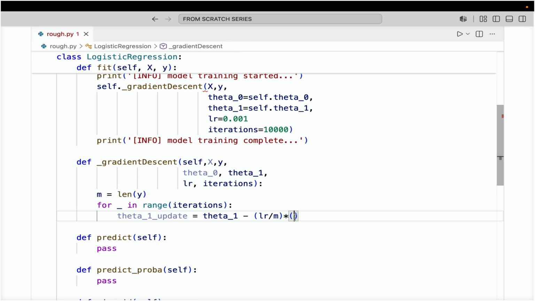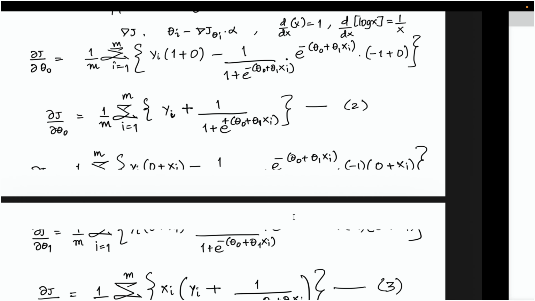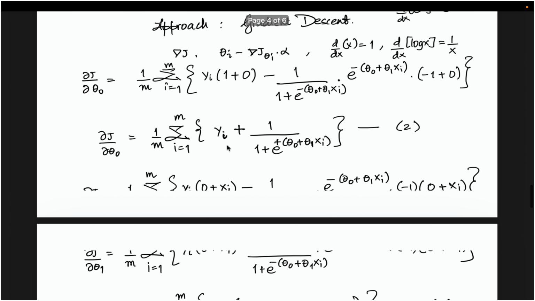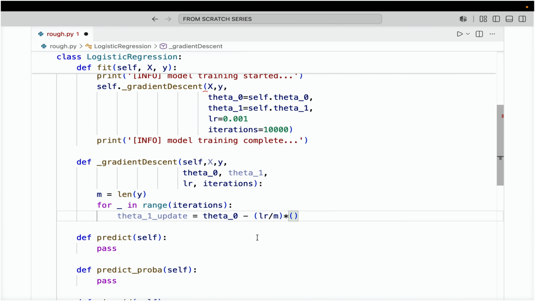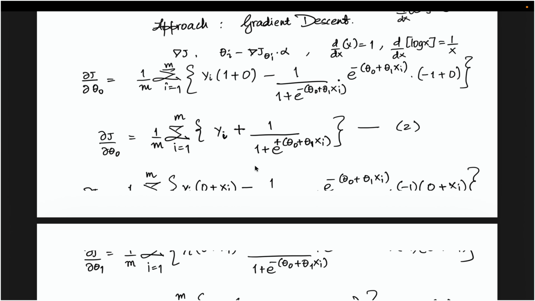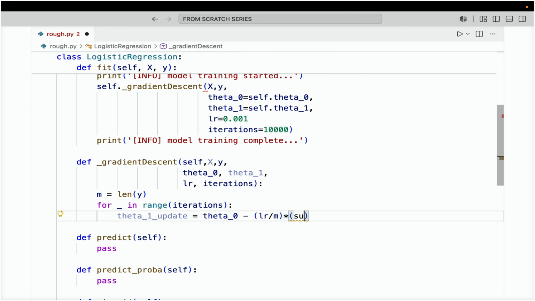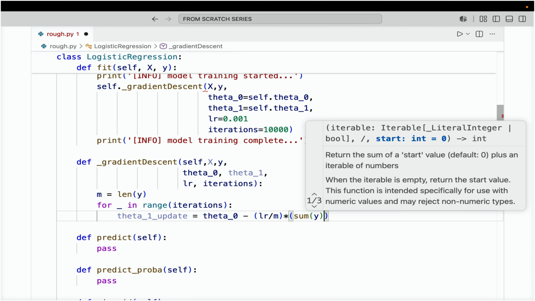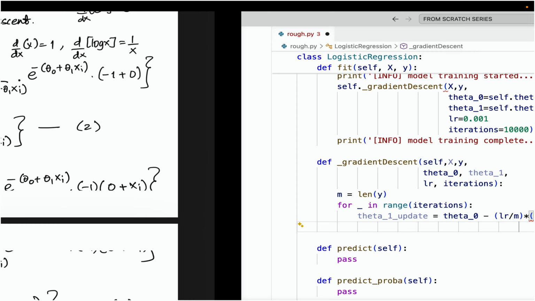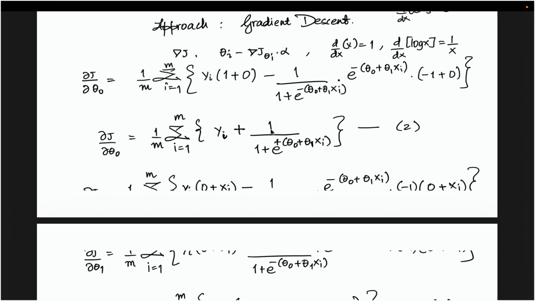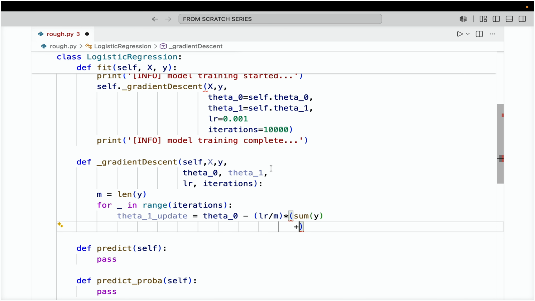Yeah, LR over M. It's theta 0. We got yi plus this. So summation of all yi's, sum of y plus 1 by 1 plus exponential that.